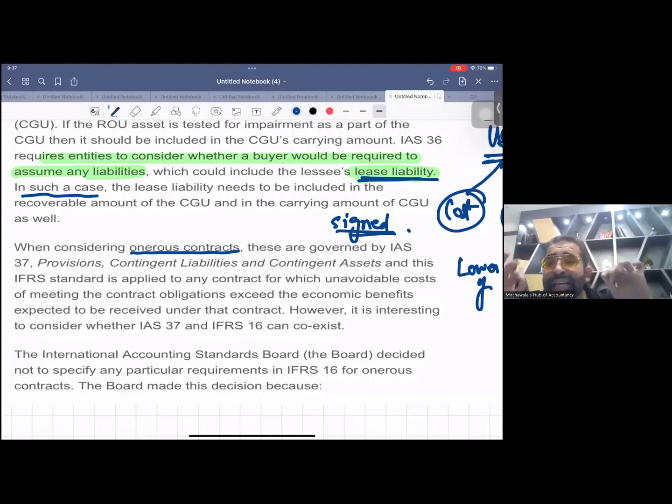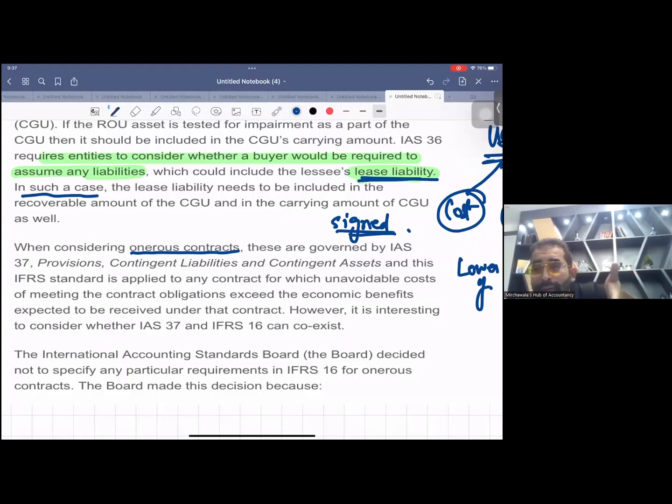This treatment was perfect for the lease agreement when there was no IFRS 16.